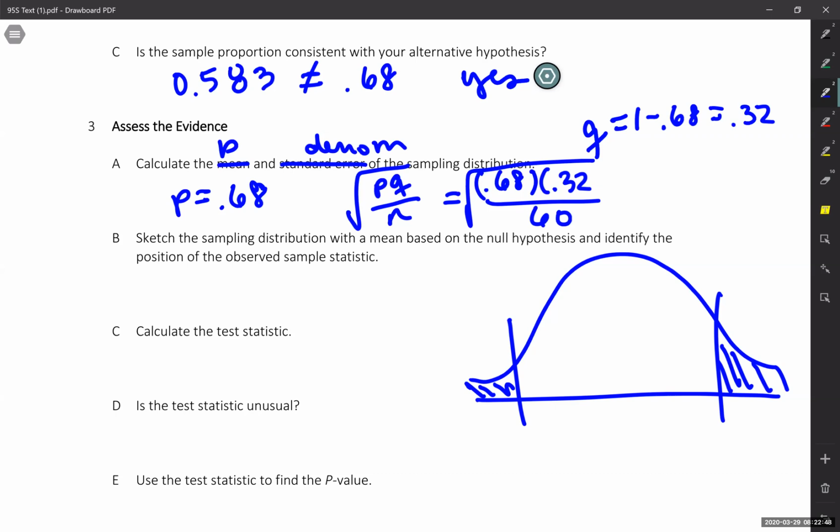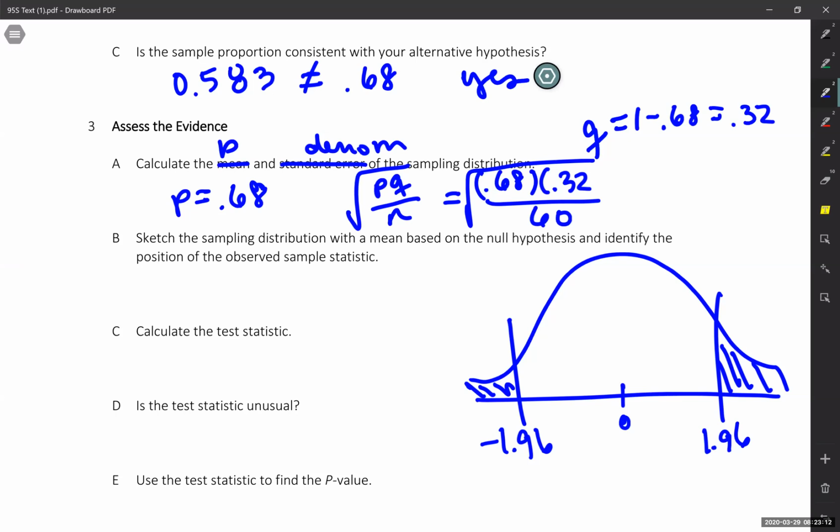We should be seeing on your paper plus or minus 1.96. Remember, this is just a number line with 0 in the middle, so the positive is on the right and the negative is on the left. And so now we want to calculate the test statistic. So we're going to put everything together for Z.